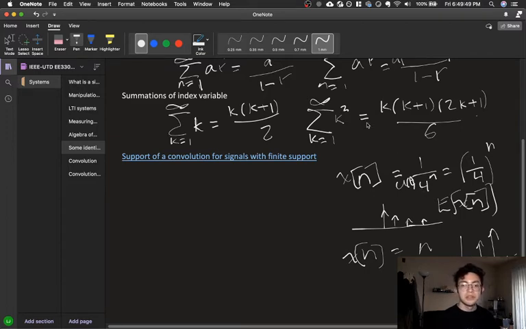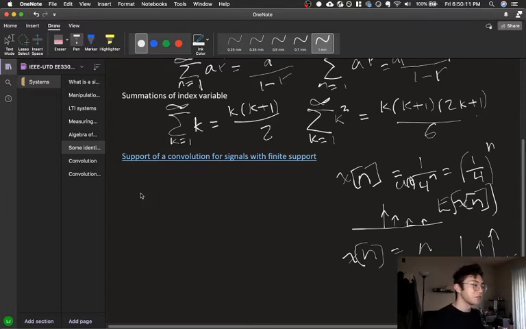I imagine if you took a convolution with this, it would involve a series of this nature. So they're good to remember for the problems that you're going to be presented in this course.